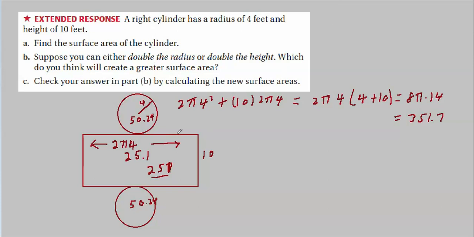And if we double the radius, we'd be multiplying this 4 by 2, which means we'd multiply the whole thing by 2. In that case, we would also double the area. So whether we double the height or the radius, we double the area of this thing, and it makes no difference. However, for our circles, the height doesn't even enter into it, does it? The height has no effect on the area of these circles.